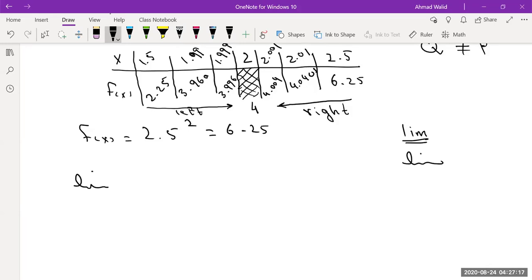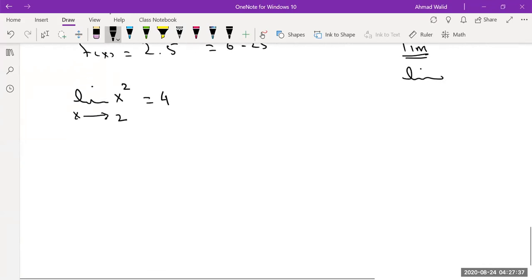I'll write my limit like this. If you see, this is my limit, correct? The limit of x squared as x approaching to 2 gives you what? Based on my estimation, it gives you 4. Correct? Let me show this example in a graph for you.